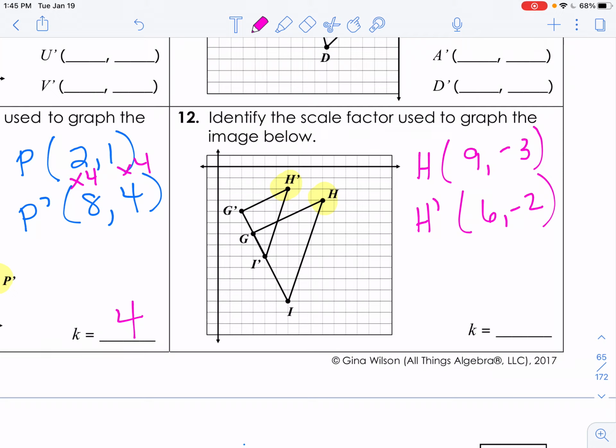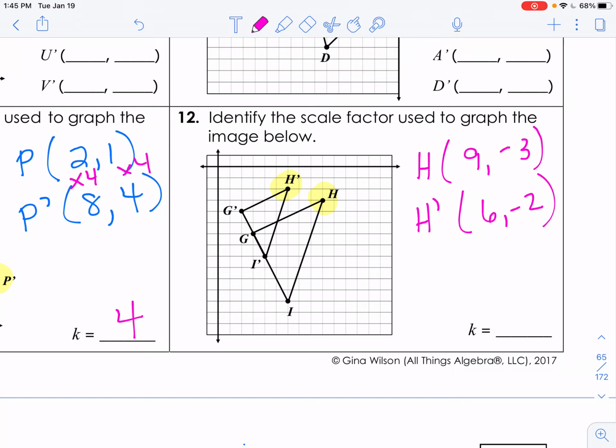Okay. Now, this one is a little more challenging because there's nothing, 9 times what is 6? I don't know off the top of my head. So I'm going to have to go backwards. So instead of multiplying forward, if you do the inverse and divide backwards, you'll get your scale factor.